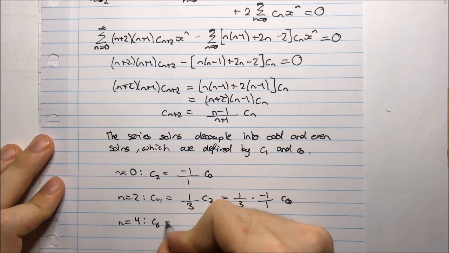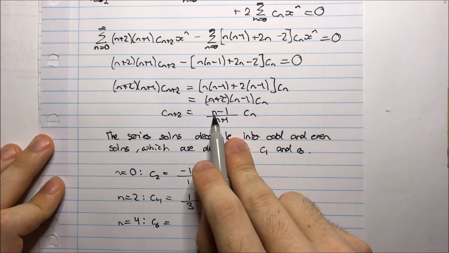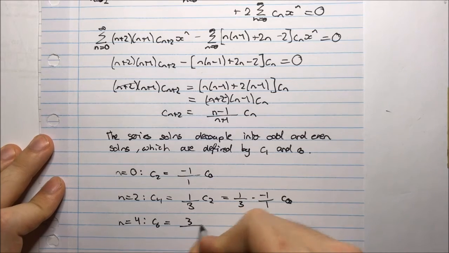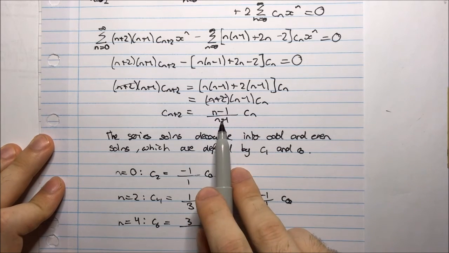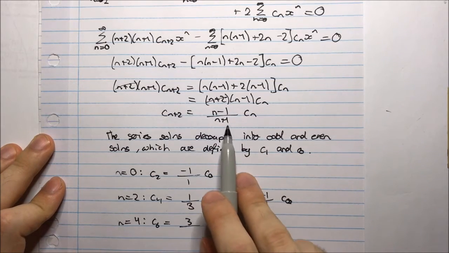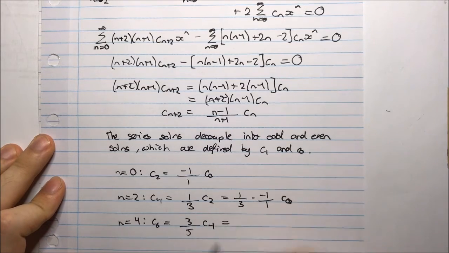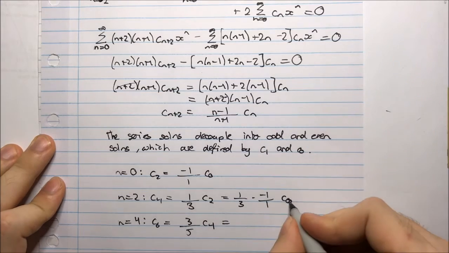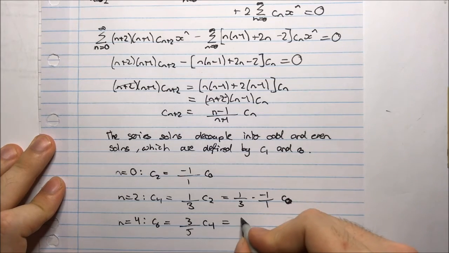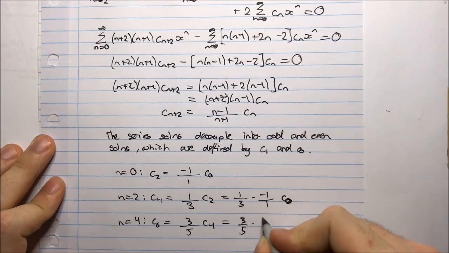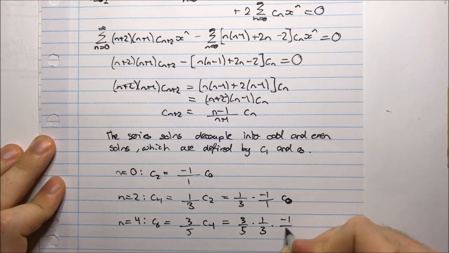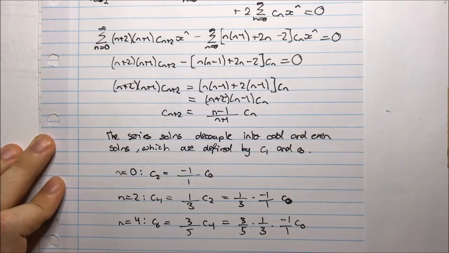Let's do another term, n equals 4. So I'll have C6 equals 4 minus 1 is 3, 4 plus 1 is 5, and so that's C4. But what is C4? C4 is this thing. So that'll be 3 on 5 times 1 on 3 times negative 1 on 1, C0.